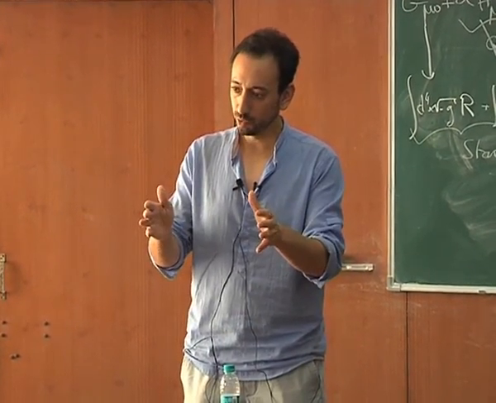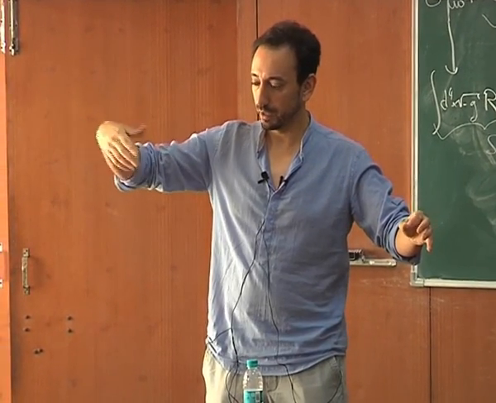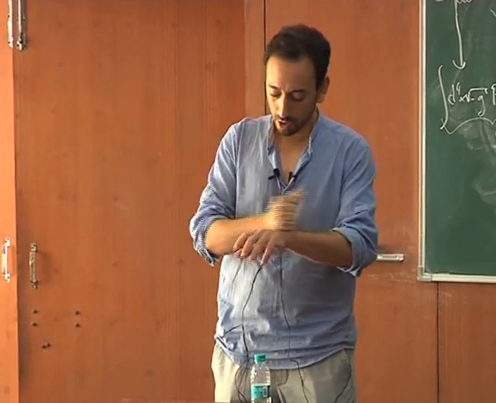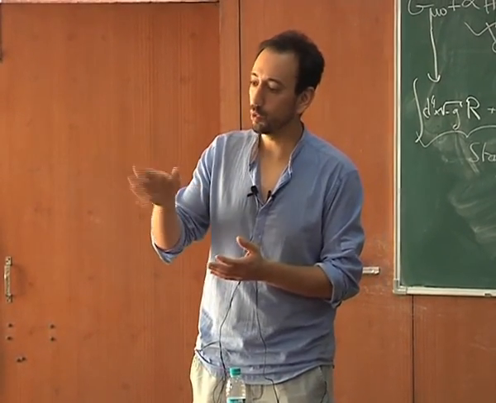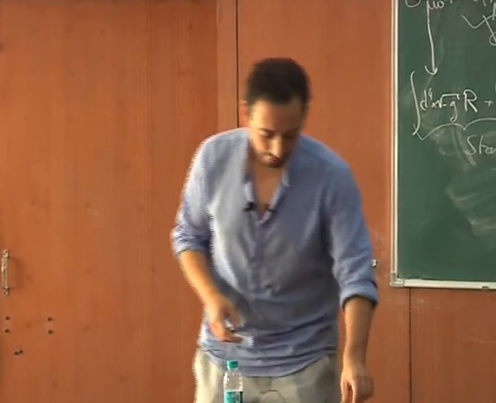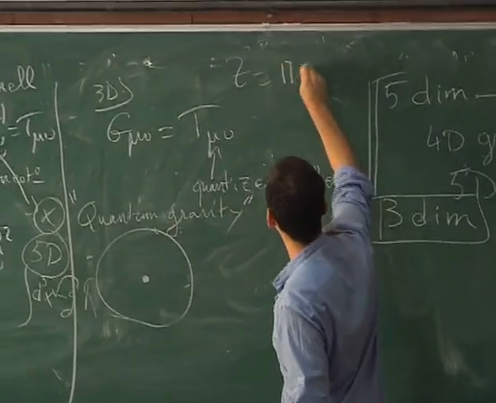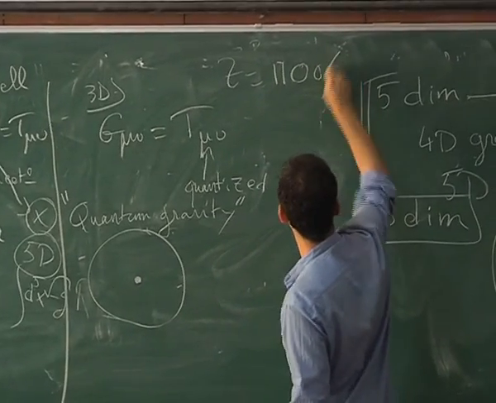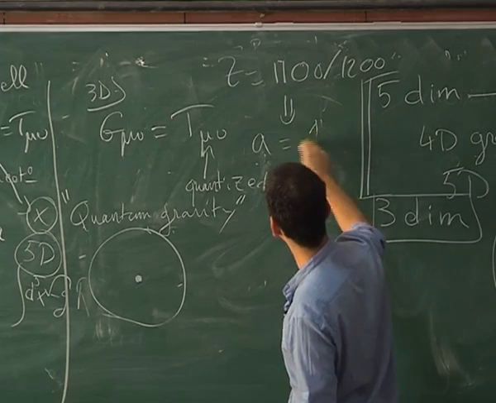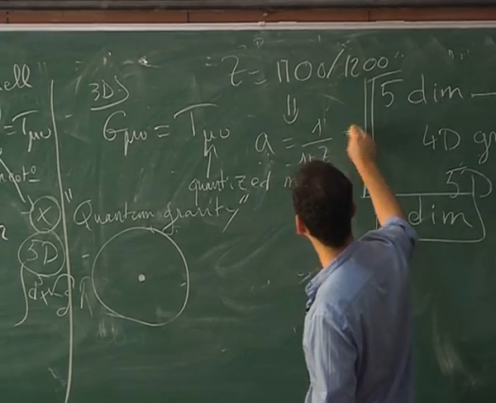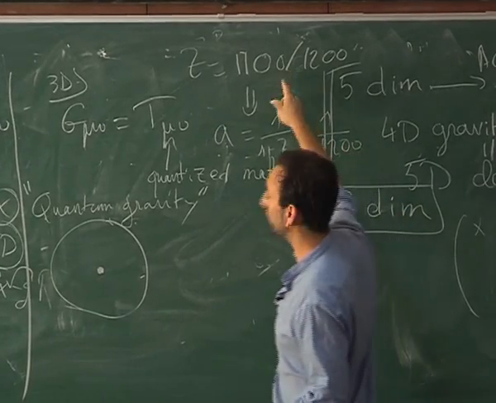And there is a moment which is called the decoupling, when the photons are completely free and they can move without any problem. You get this from the CMB, it's an observation, for a redshift around 1100, something like that. It's 1100 or 1200. From that you get the scale factor, which is 1 over 1 plus z. So it comes actually from an observation.